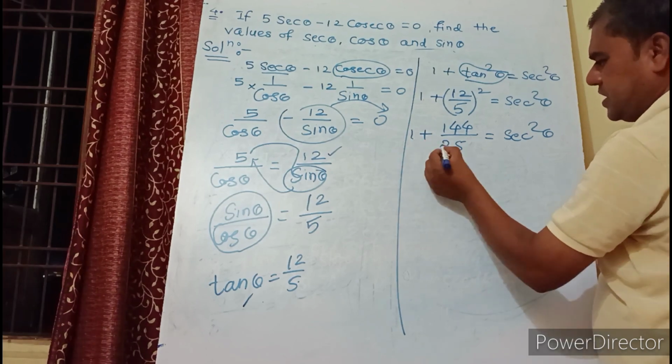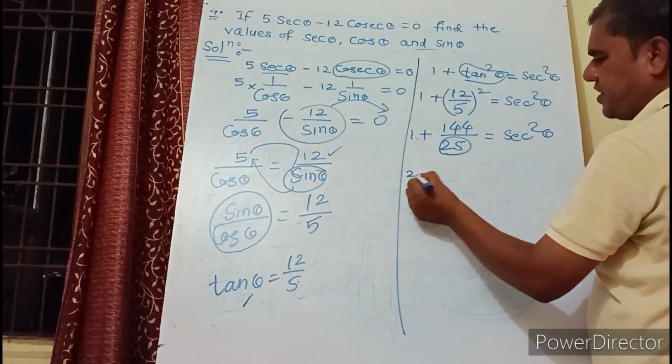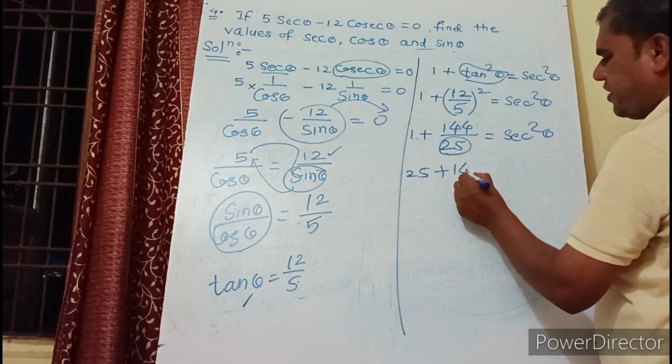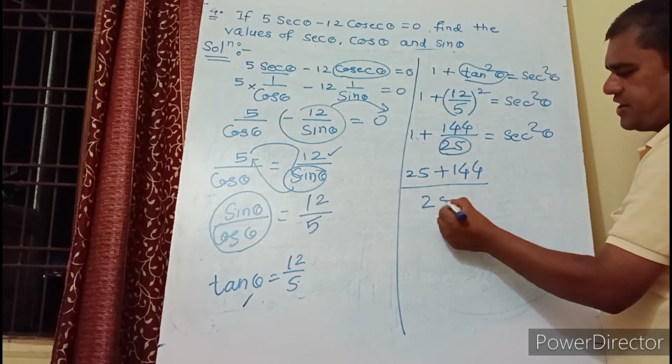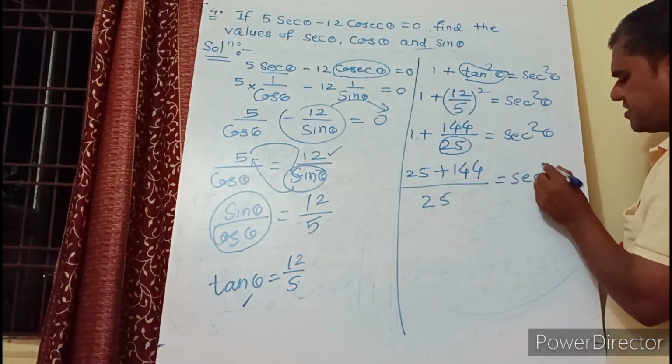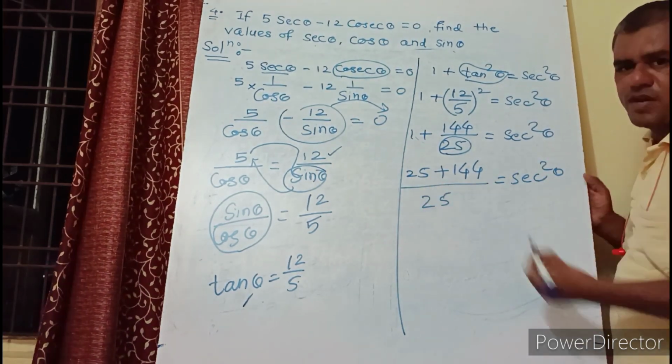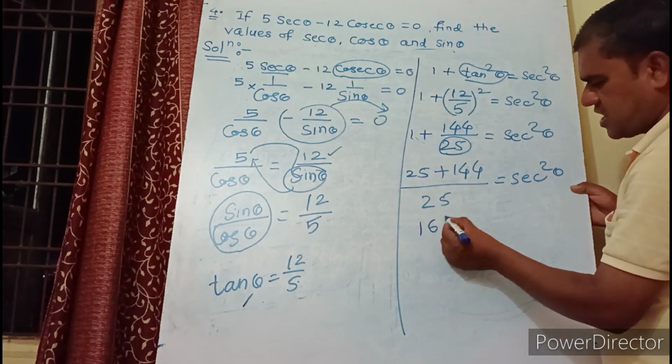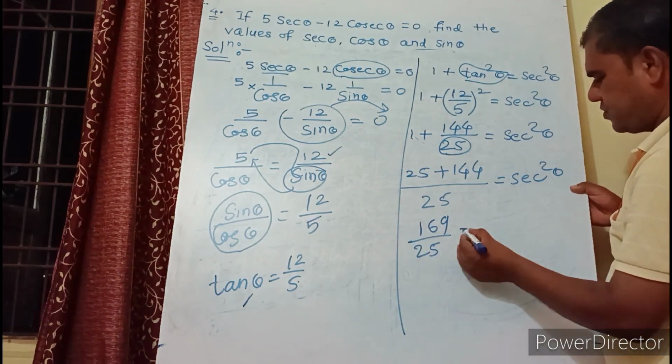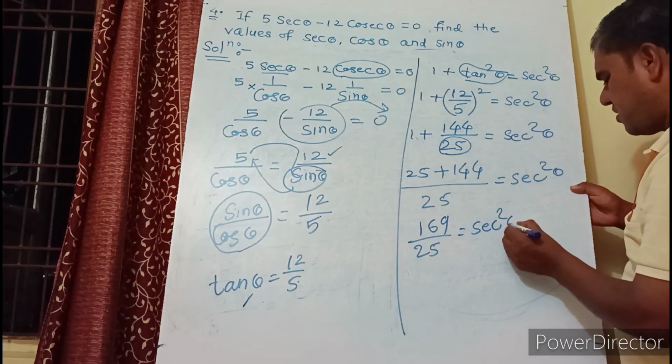Now 25 into 1, that is 25, plus 144, divided by 25 is equal to sec square theta. Now 25 plus 144, that is 169, divided by 25 is equal to sec square theta.